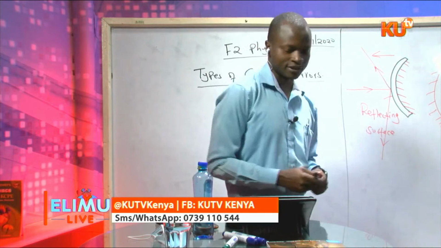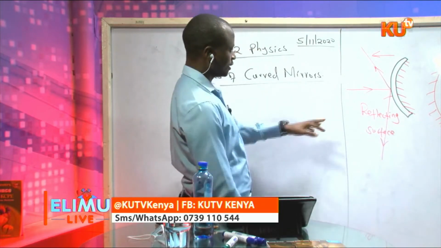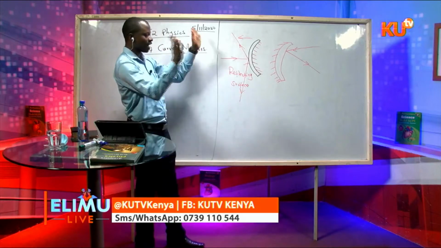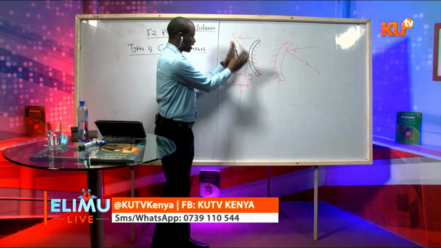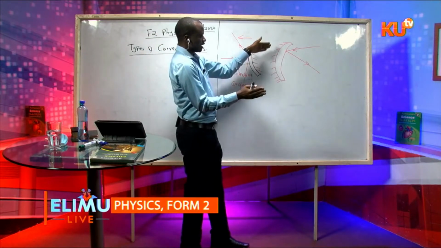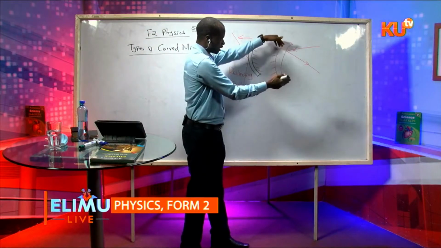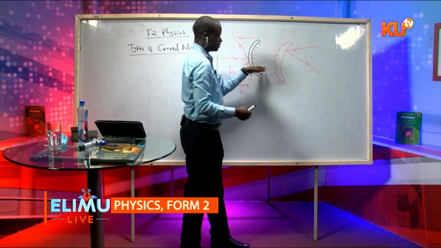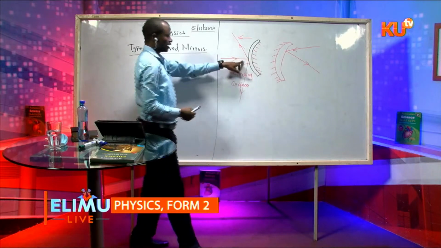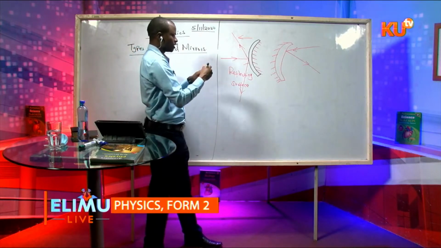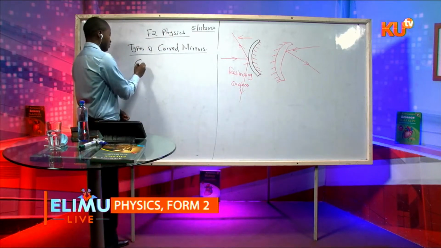Where is the reflecting surface? So we have two cases. One, like this one here, where the reflecting surface is bulging outwards. And this one, the reflecting surface is converging. So like you can see, it seems to be curving inside. The names are different. For this one, where the reflecting surface bulges outwards, it's called a convex mirror.